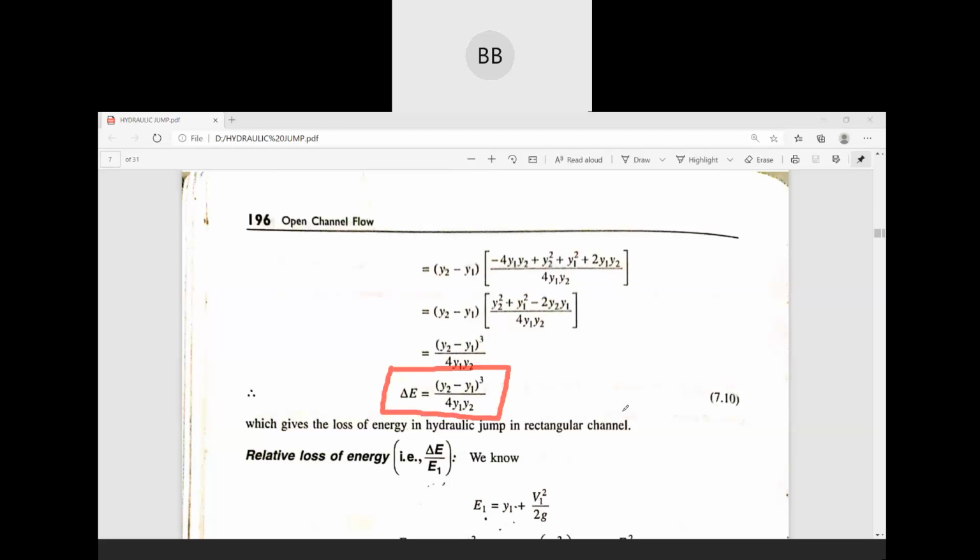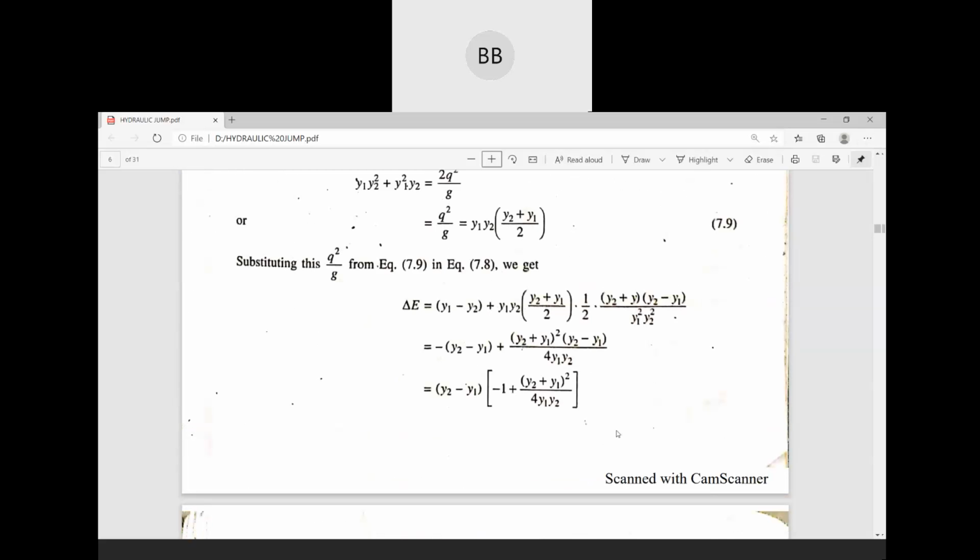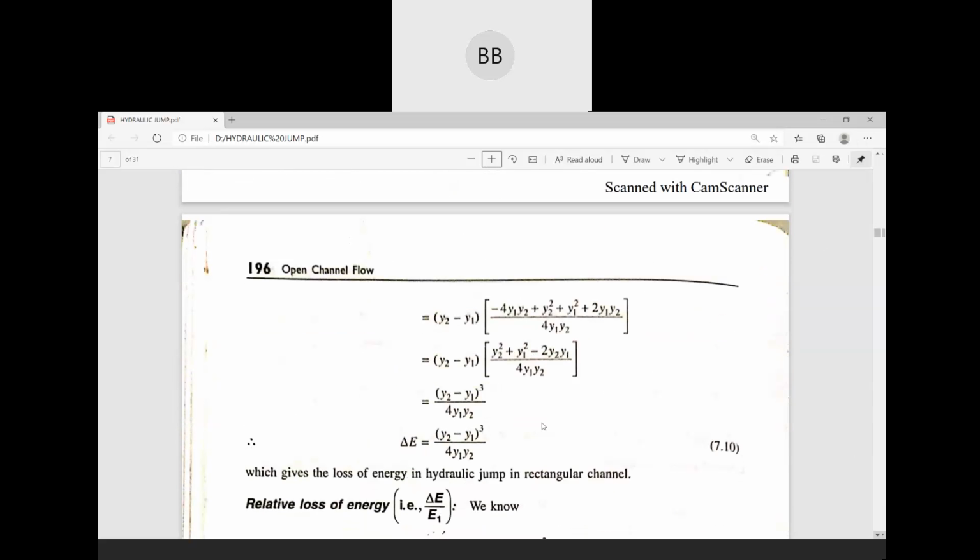So you can directly write down this expression. This simplification you try to do at home. After this, you do the simplification and check whether you are getting the same expression or not. If you find any difficulties then we will discuss again.